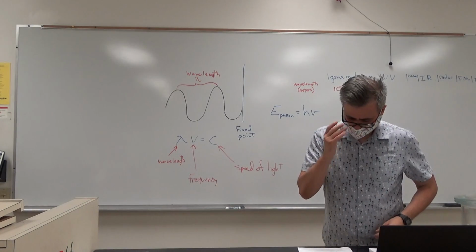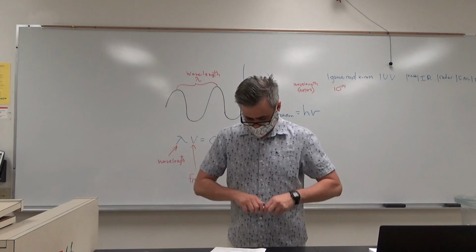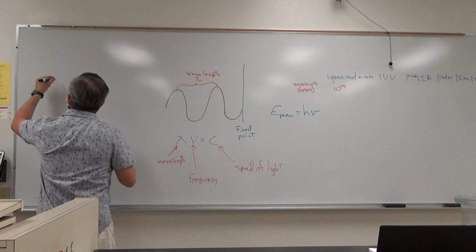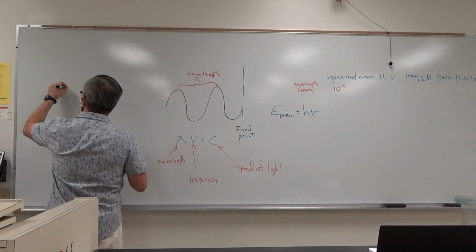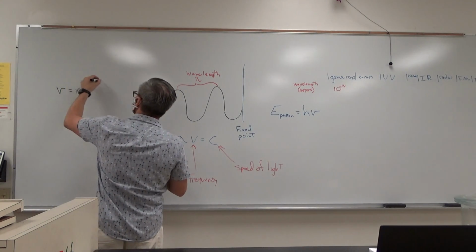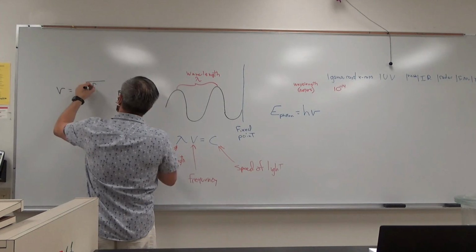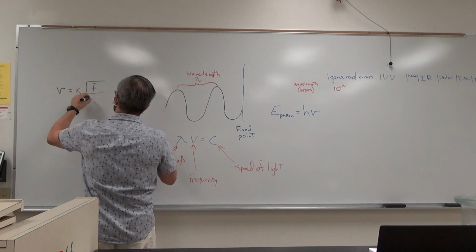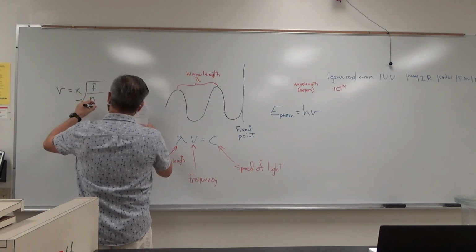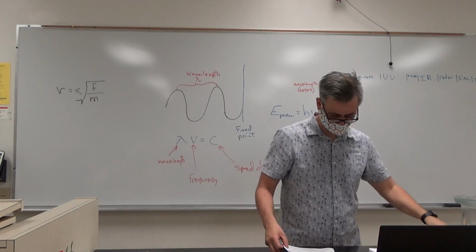Okay, so let's remind ourselves a little bit of the formula for two vibrating springs. For vibrating springs, the frequency equals a constant times the square root of F over m, which in physics is your force constant, and m is the mass of your balls connected by a spring.